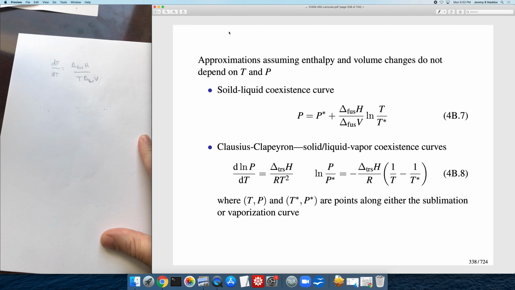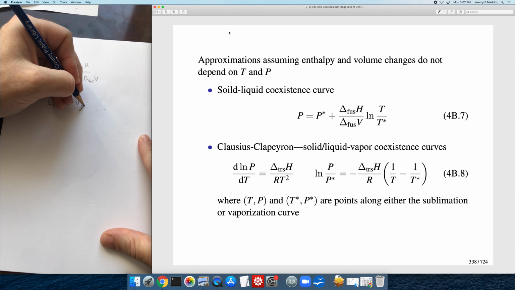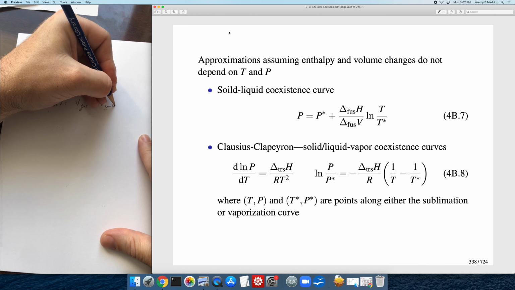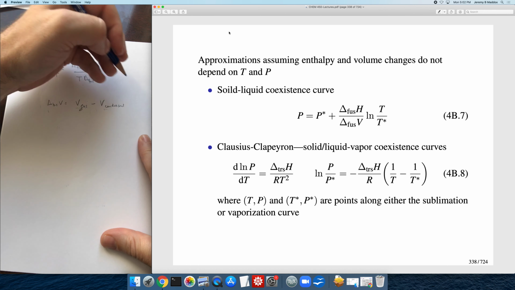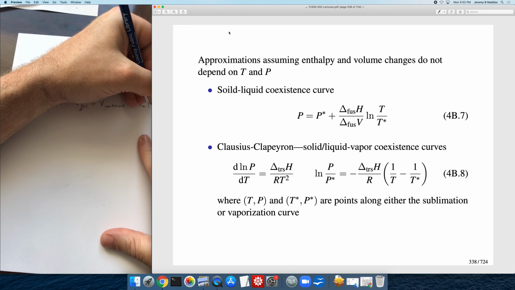And what we are going to assume is that when you undergo that phase transition, the change in the volume will be the volume of the gas minus the volume of whatever the condensed phase is. And this is so much larger than that one that this is approximately the molar volume of the gas.